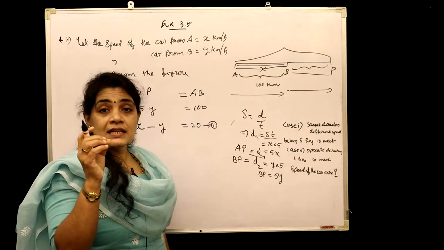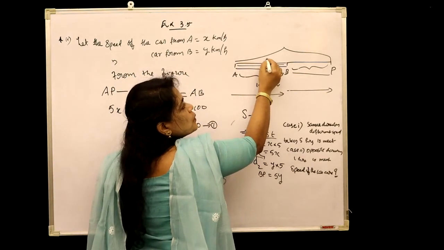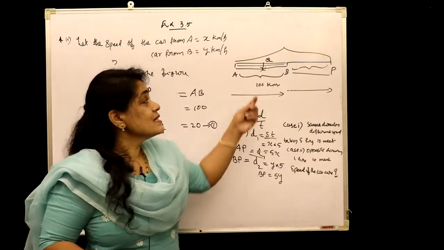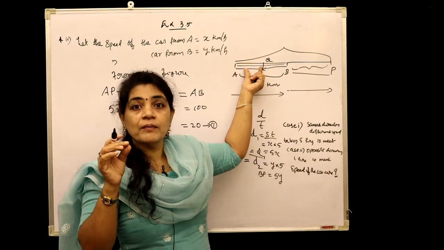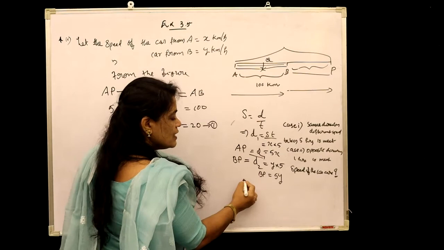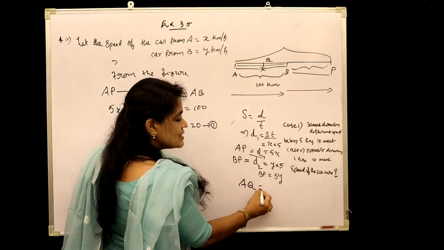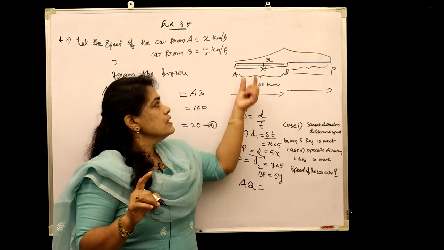So the distance travelled here, suppose the meeting point is Q, the distance travelled by the first car, that is the car from A, is AQ. So what is AQ? In case 2, AQ is the distance travelled by the car from A. Is it clear, children?